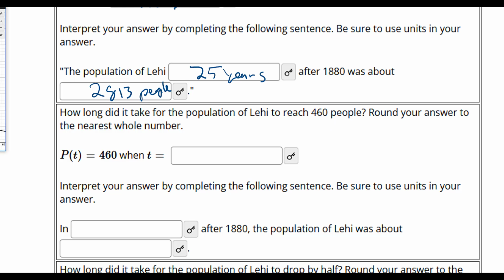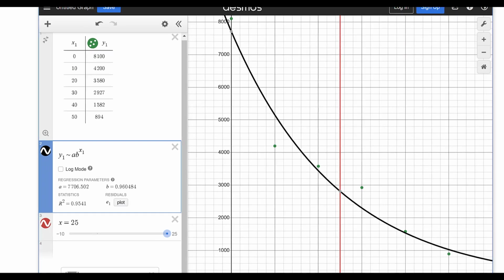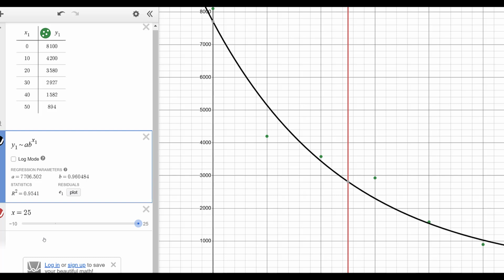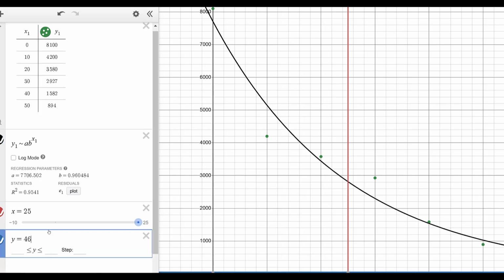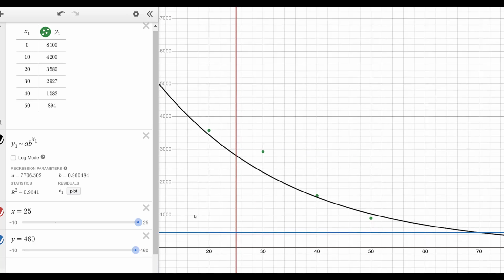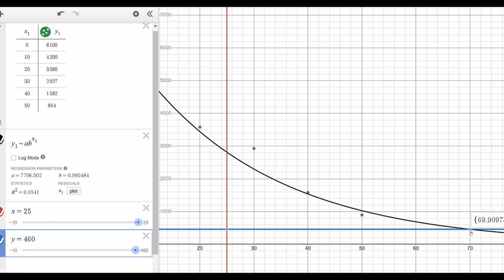So I'm going to come back over here, and I'm going to do another one. I'm going to say y equals 460. And I'm going to have to drag this graph over a little bit. And look at that. After it looks like about 70 years, you're at 460 people. The computer's answer said 69 years.